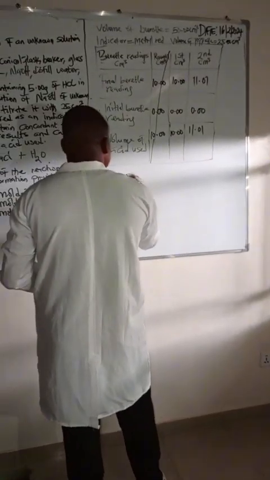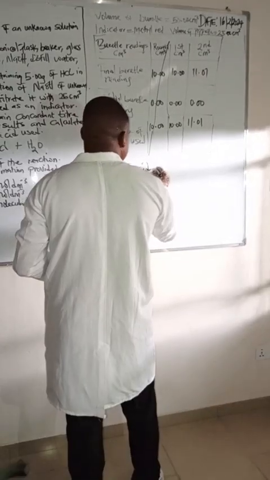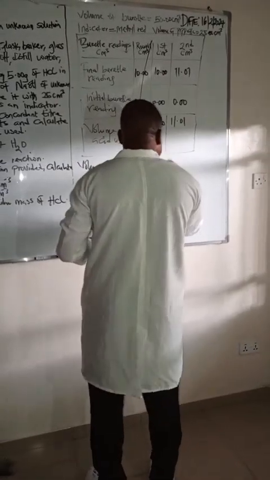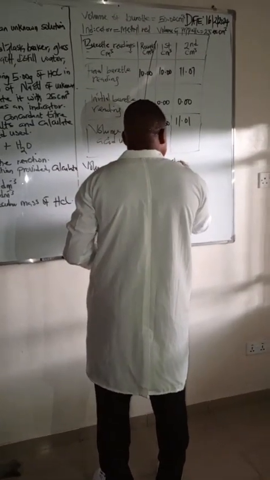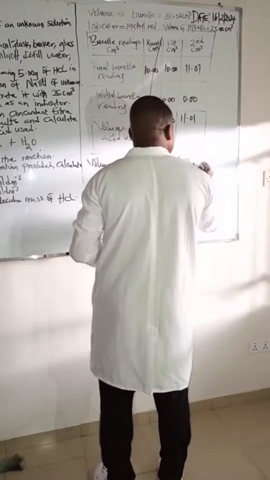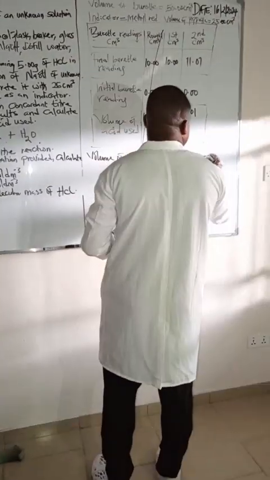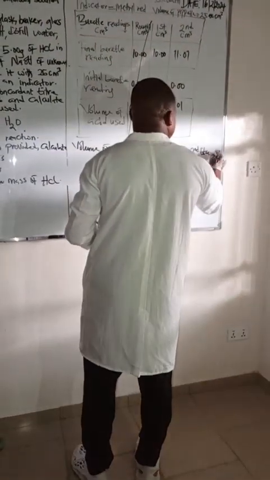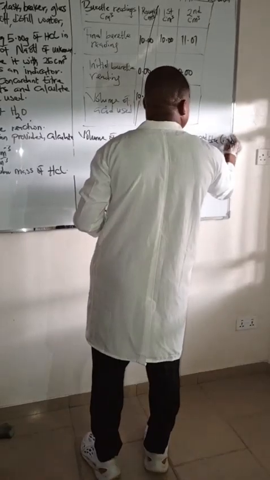that volume of acid used is equal to the first titrant plus the second titrant, in cm cube.